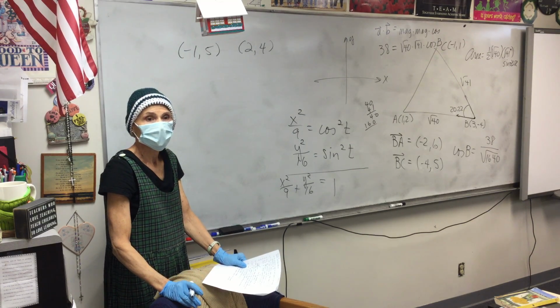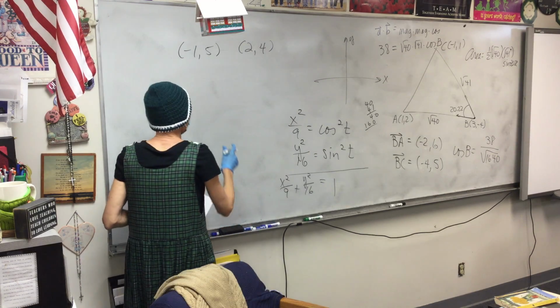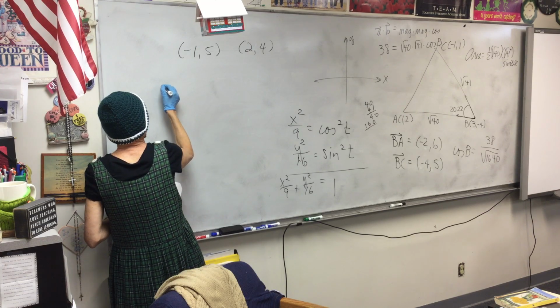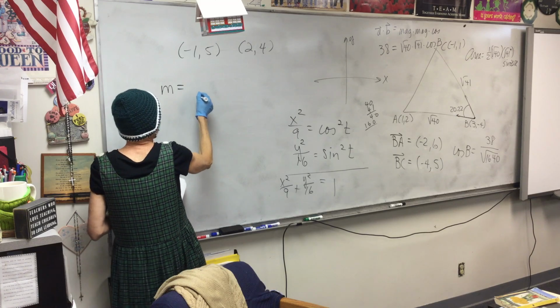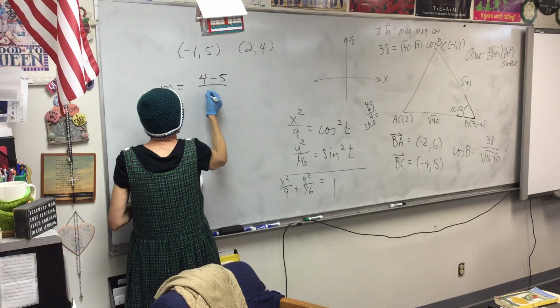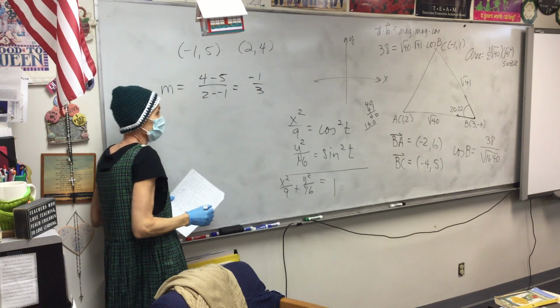Robert? Would you put it in y equals mx plus b form? All right, let's talk. We can do that. So what would you do first? You find the slope. And how would I do that? 4 minus 5 over 2 minus -1. So -1/3. Yeah. All right.